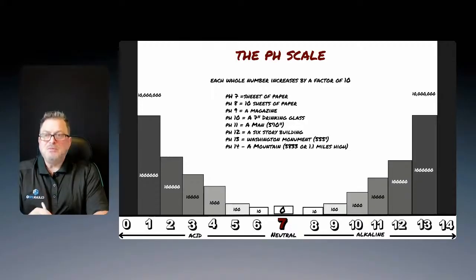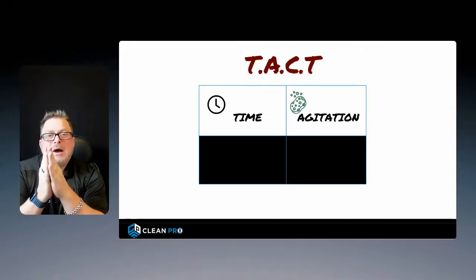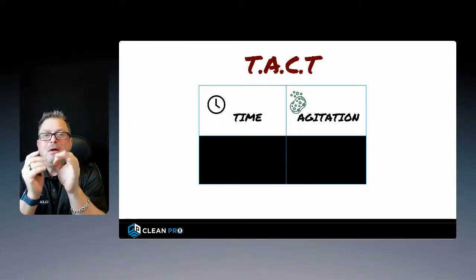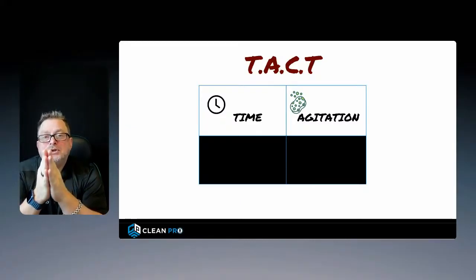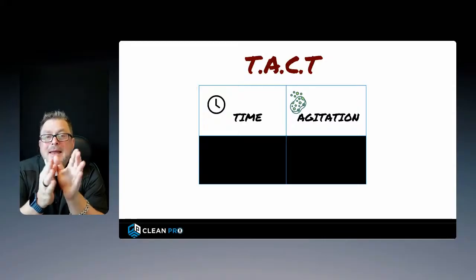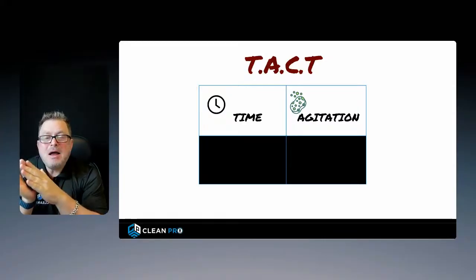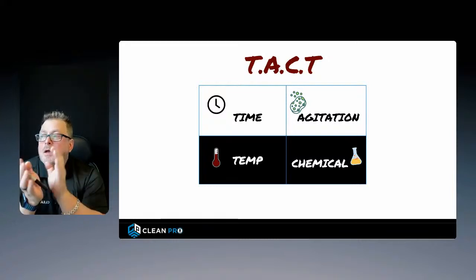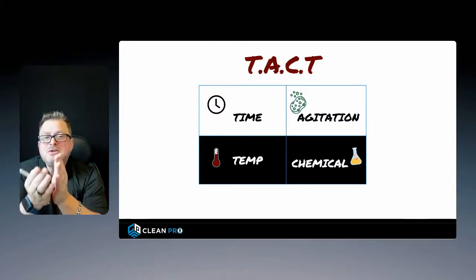So let's move forward. Now, when it comes to cleaning, there is a little acronym that is really good to know. It's called TACT. And what that is, it's time, agitation, chemical concentration, and temperature.